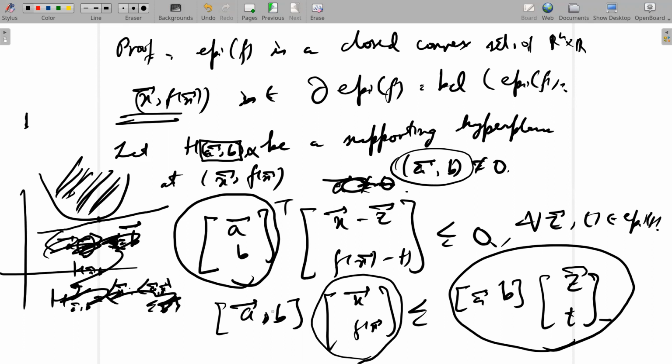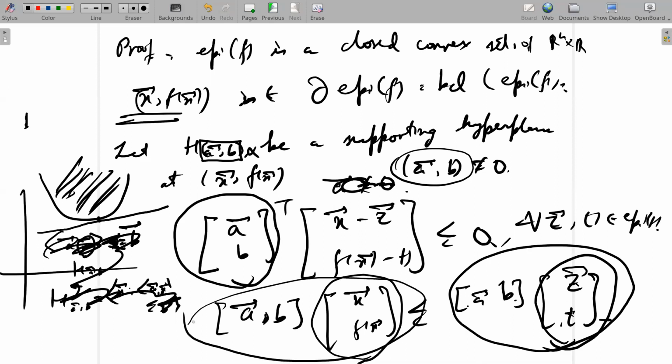So whenever (z, t) is in the epigraph, (a, b) dot (z, t) dominates, because this is a point on the boundary. The offset is given by this quantity, (a, b) dot (x, f(x)).